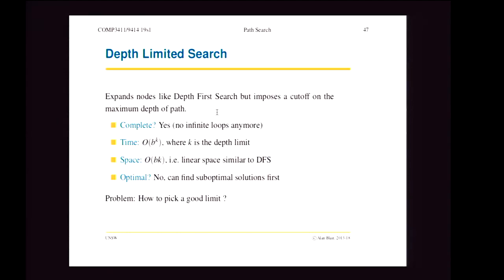It is complete so long as there is a solution within the depth that you're searching. The time complexity, because we're cutting the search off at depth k, is now b to the k instead of b to the m. The space complexity is b times k. It's still not optimal. It'll find a solution of depth less than k, but it might not be the shortest.